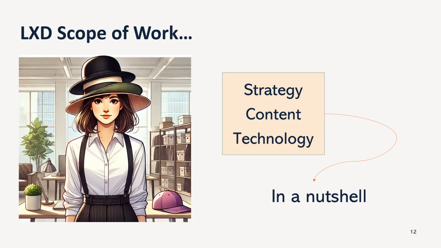How do we arrive at strategy? There are various methods which we follow. There can be surveys. We'll just move ahead and see that, which helps us to come to the strategy. And that's why I said, in a nutshell, the three things that learning experience design covers are strategy, content, and technology. Any question till now?